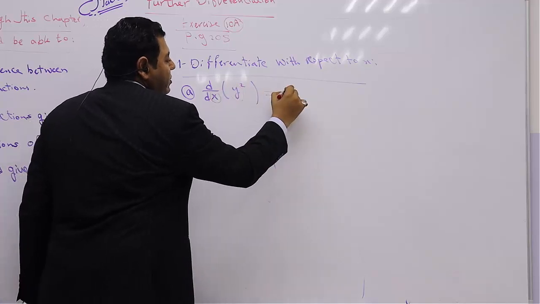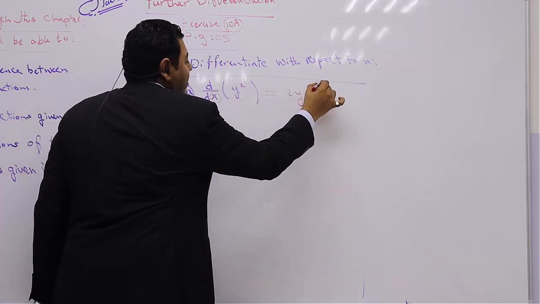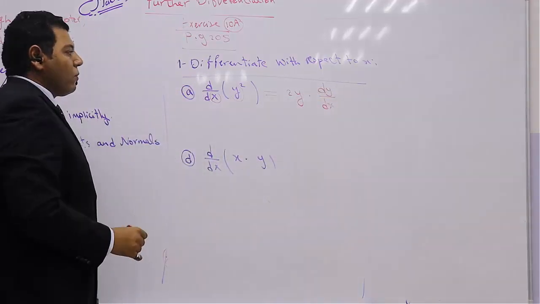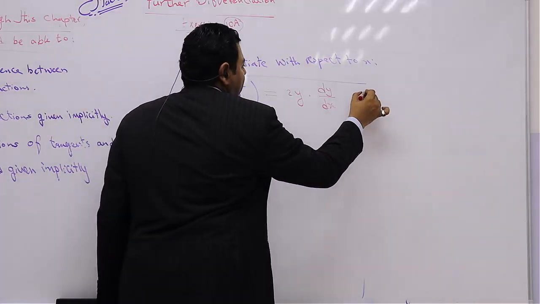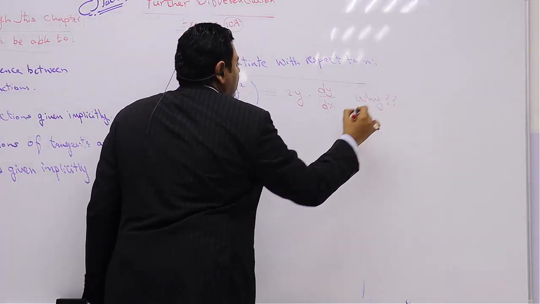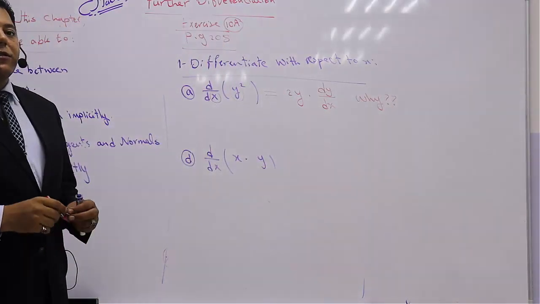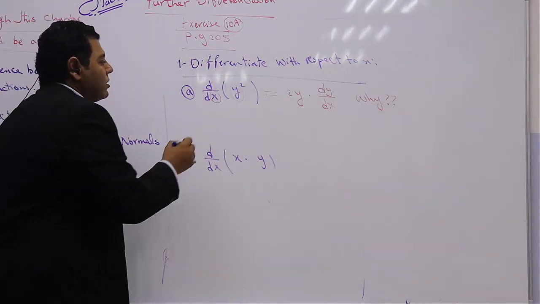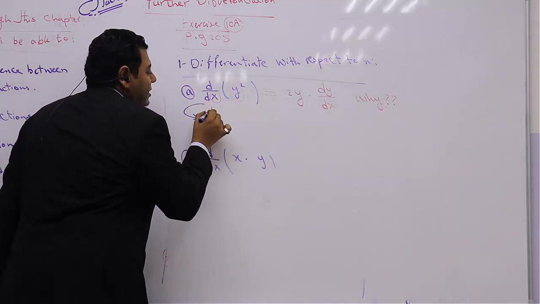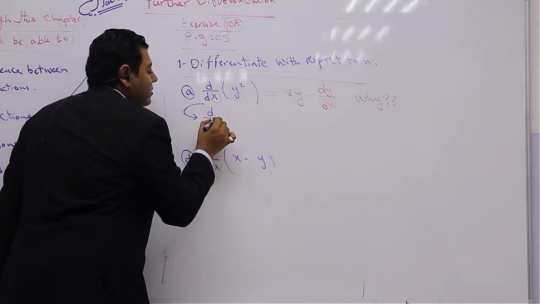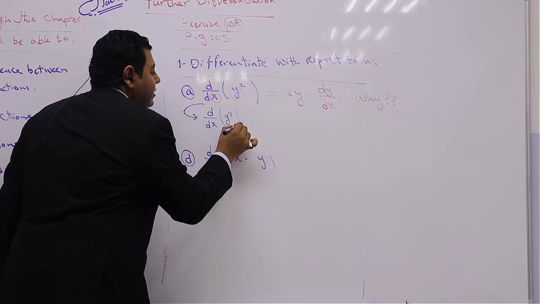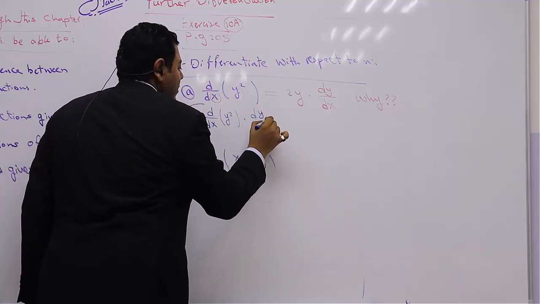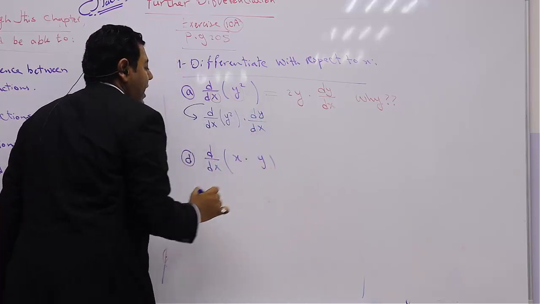We differentiate this normally with respect to y, times dy with respect to x. You know why? Because we want to divide this. It's d with respect to x for y squared, times dy with respect to x.